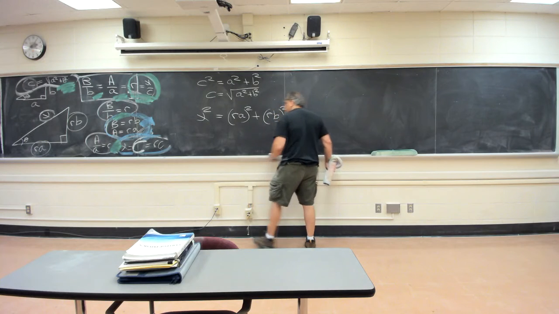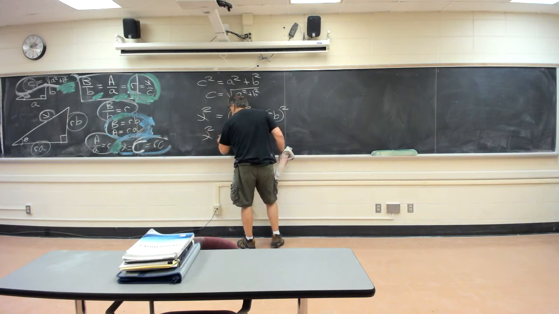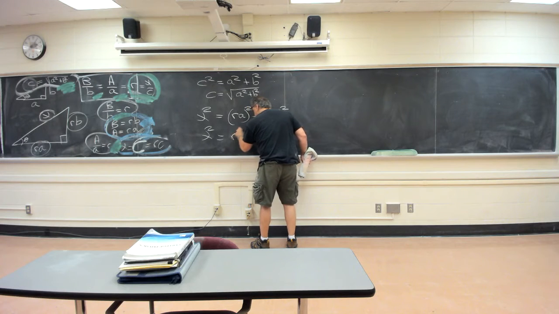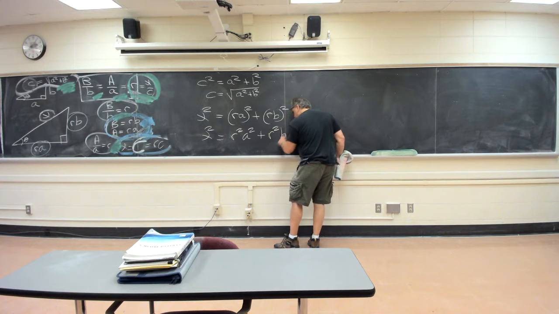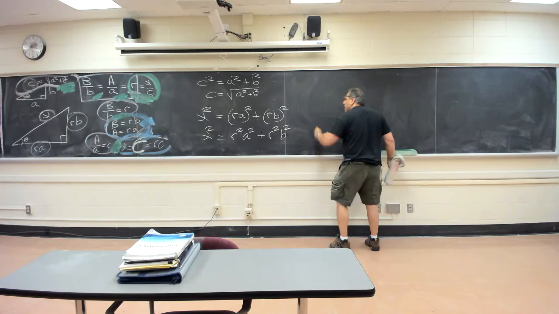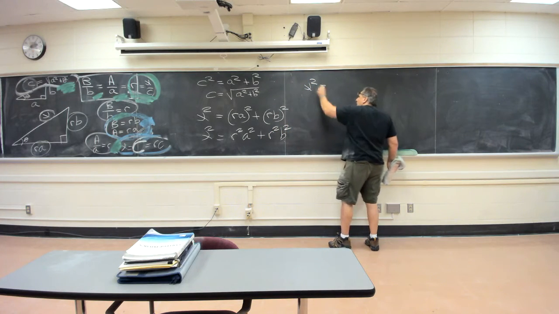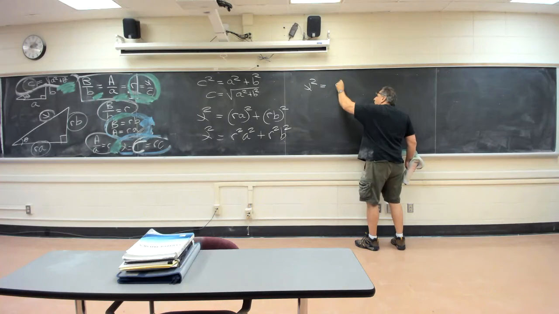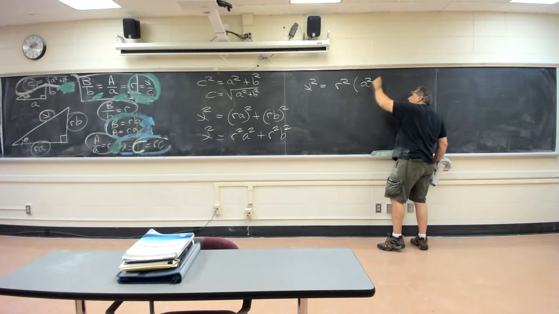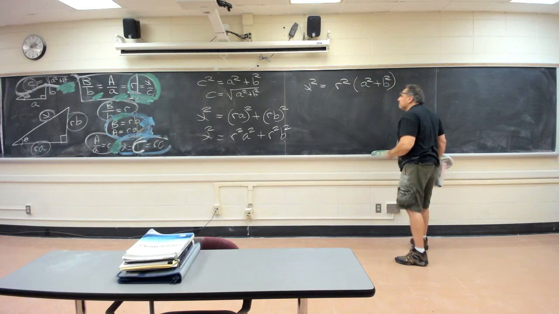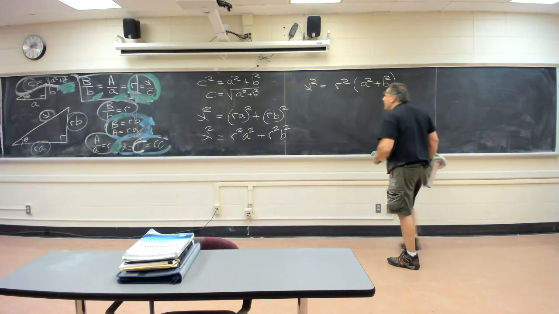R B is the new B. So r squared a squared plus r squared b squared. Pull r squared out of there. Okay, sounds good to me.